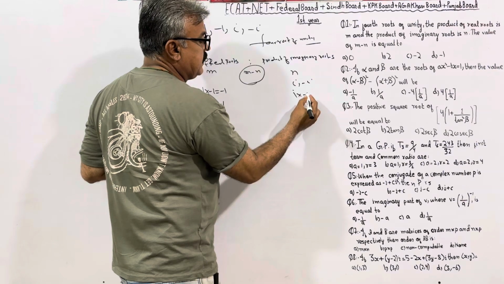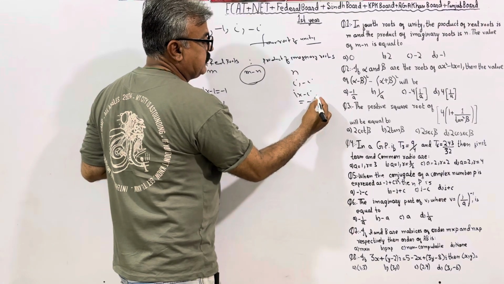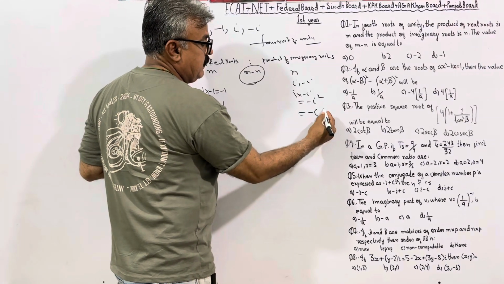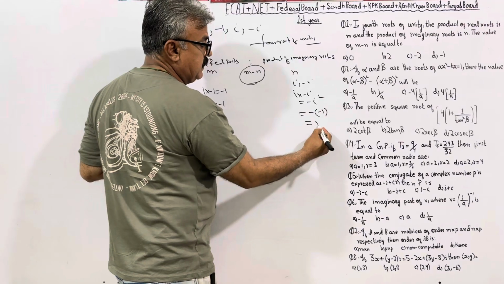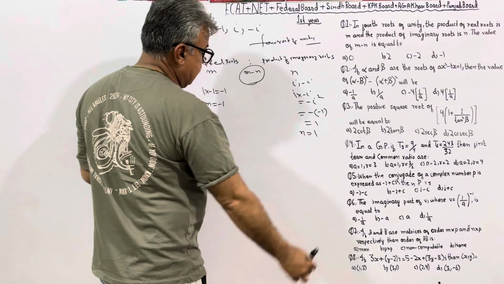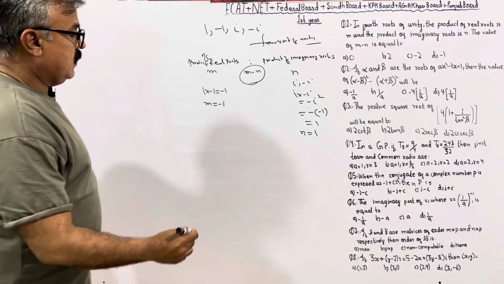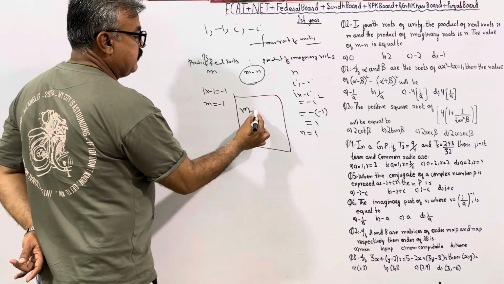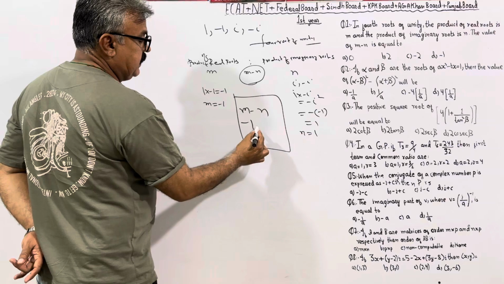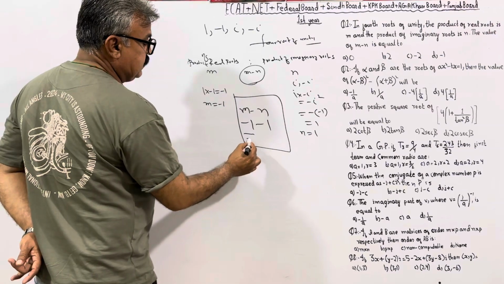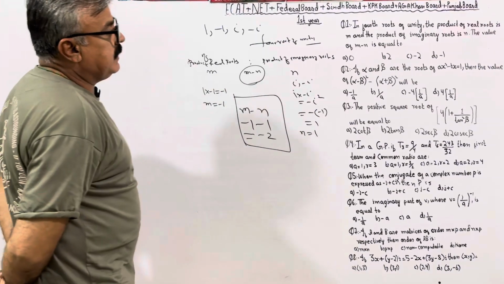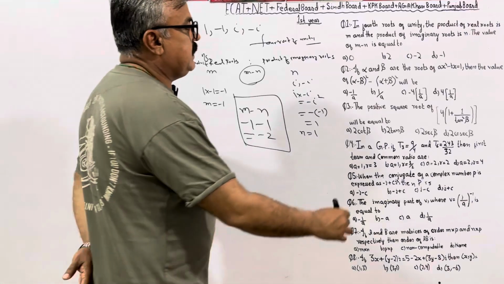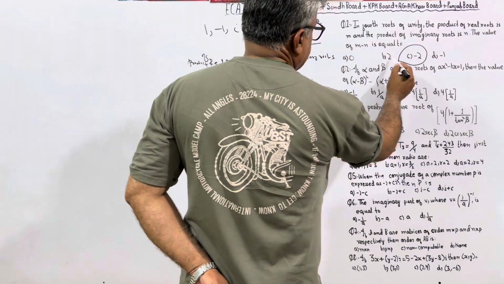Their product is iota times minus iota, which is minus iota square. The value of iota square is minus 1, so minus times minus 1 gives plus 1. That's the value of n. We are asked to find m minus n. m is minus 1, n is 1, so minus 2 is our answer in that case.